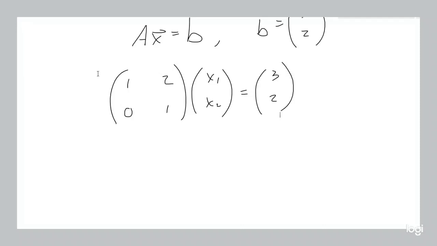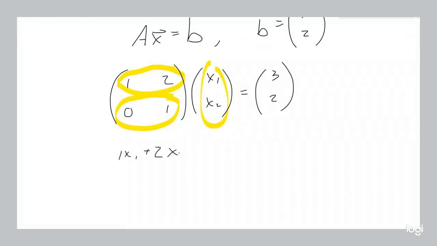So this matrix equation, we're treating this vector as if it is a matrix with just 1 column and 2 rows. So we'll do this row and this row dot product with this column, and what we'll get is 1x1 plus 2x2, and 0x1 plus 1x2. That's our matrix with 1 column, which is also a vector, and that's equal to 3, 2.